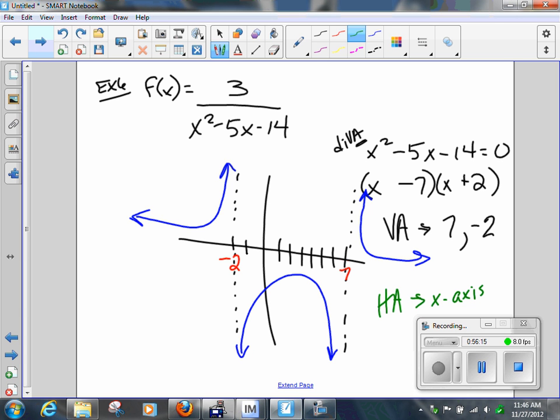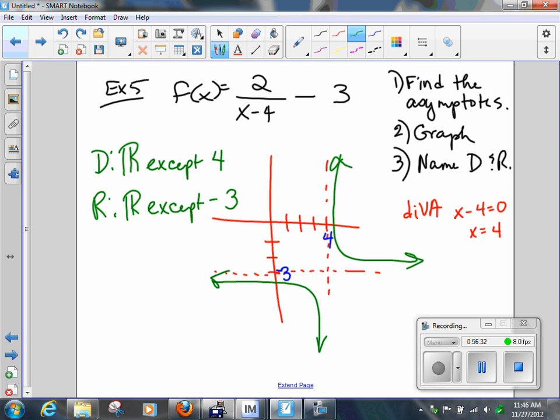Yes, sir. So what now? Right here or the problem before? Problem before, pretty much that last piece happened to be our what? Not our slope. Our y, our what? A horizontal asymptote.